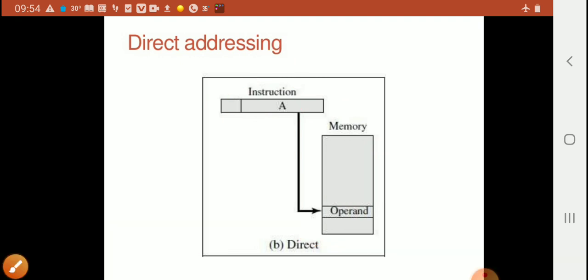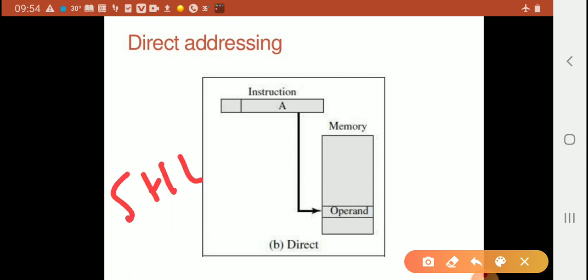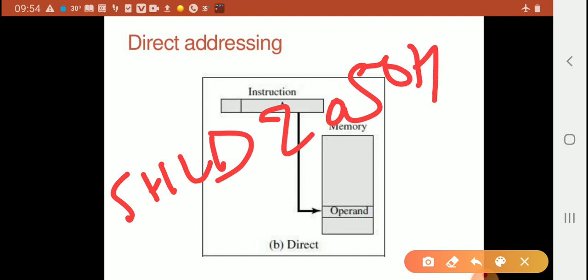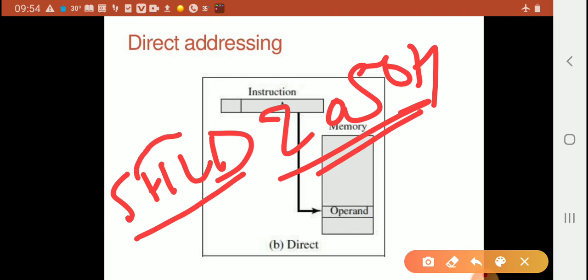Next example, consider SHLD 2050H. That means store the content of the HL register pair into two consecutive memory locations.